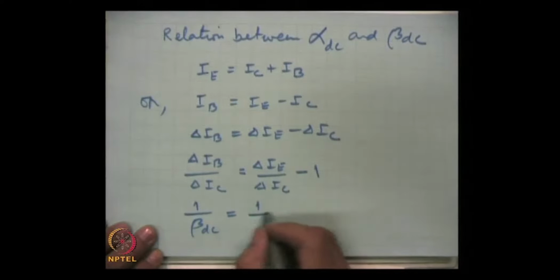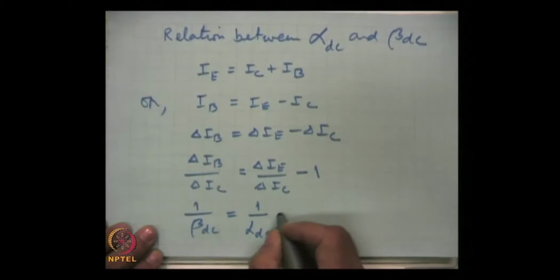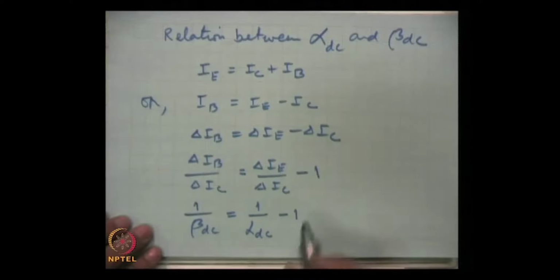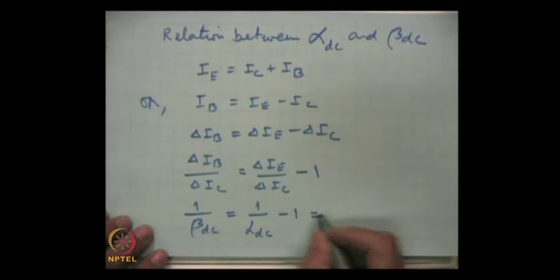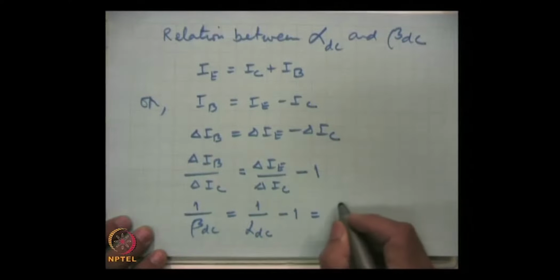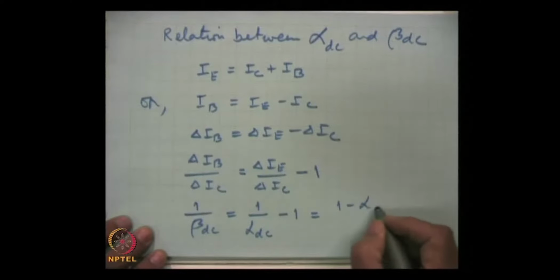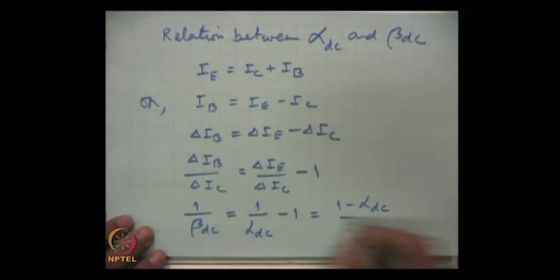So, 1 by alpha DC minus 1, or this is equal to 1 minus alpha DC by alpha DC.